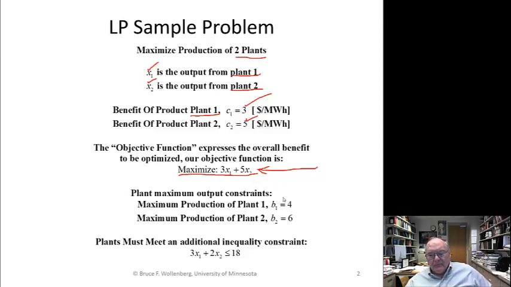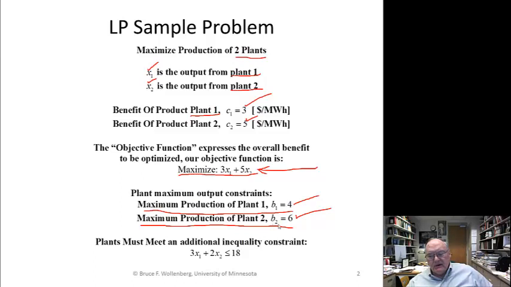We say the maximum production for plant 1 is 4. The maximum production for plant 2 is 6. So these are inequality constraints. Basically this says, and we'll see it, that x1 is less than or equal to 4, x2 is less than or equal to 6. But we put these in terms of b.